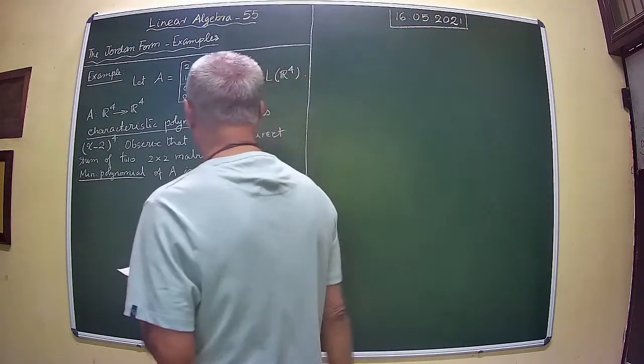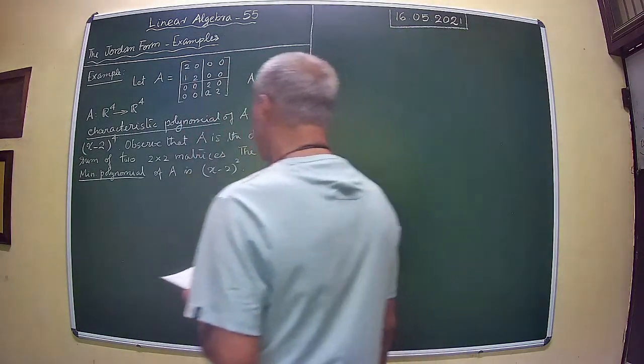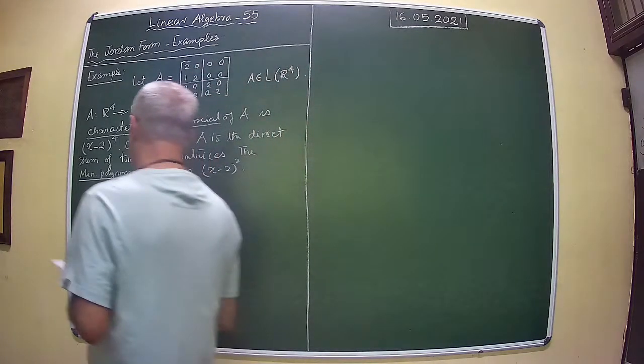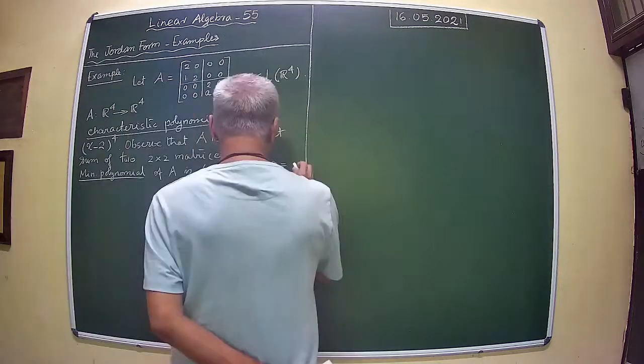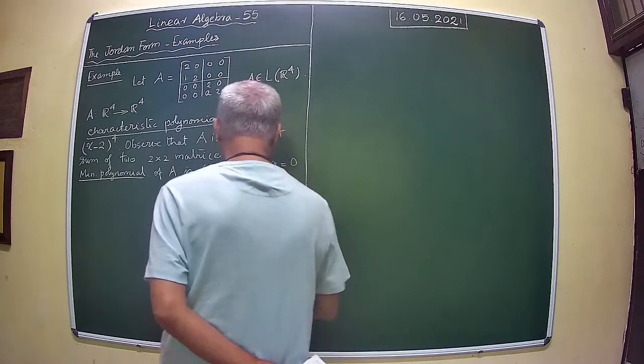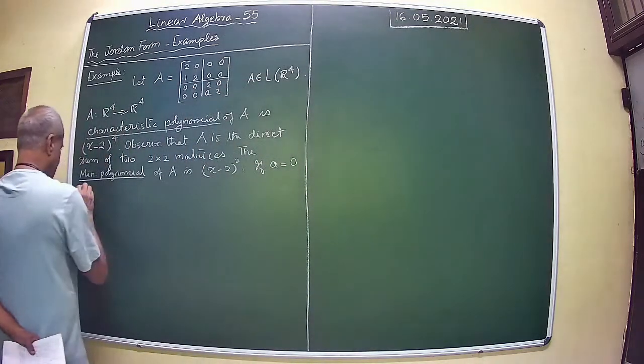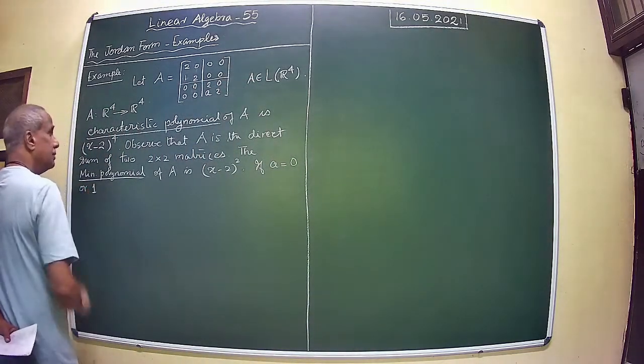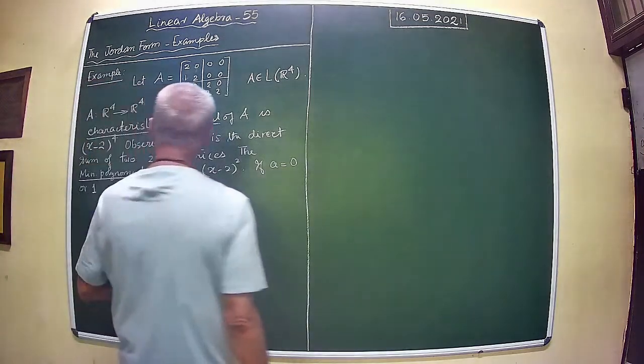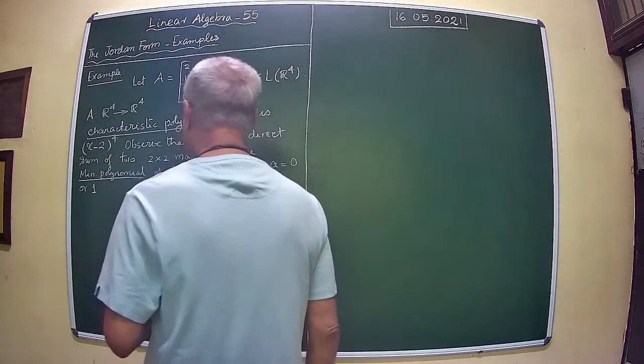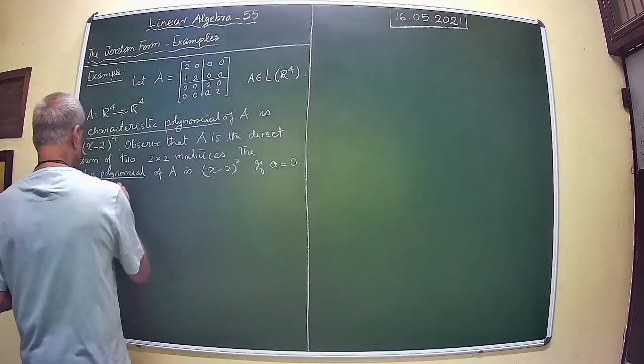Now we consider the two cases, that is if A is equal to 0 or 1, A is already in the Jordan form.